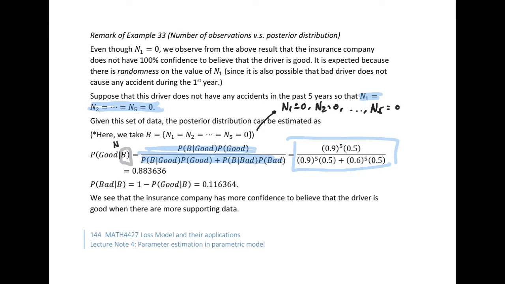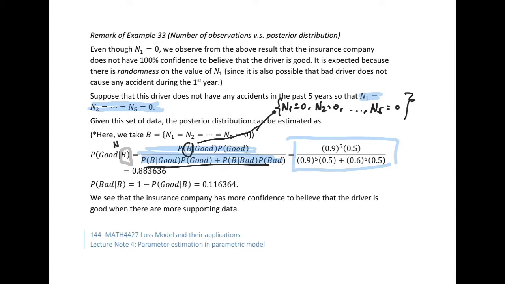Then to calculate this posterior distribution, we basically use the same formula, except that here the event B will be equal to this complex event. Let's assume that the numbers of claims in the past 5 years are independent of each other.